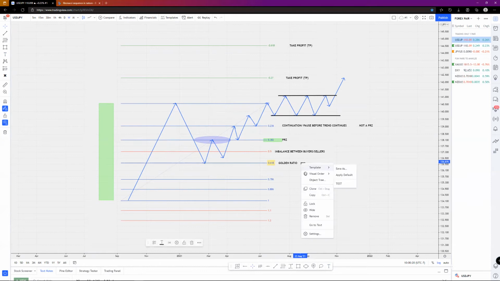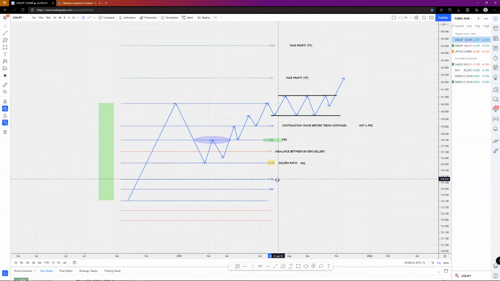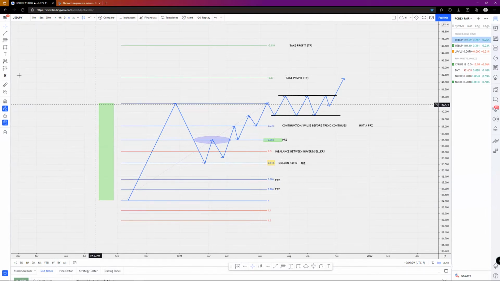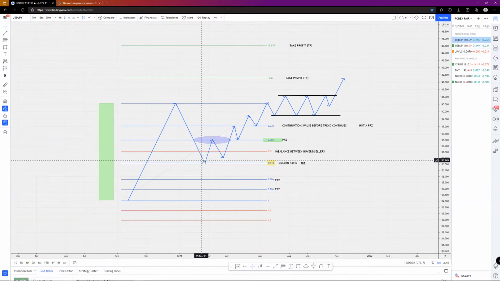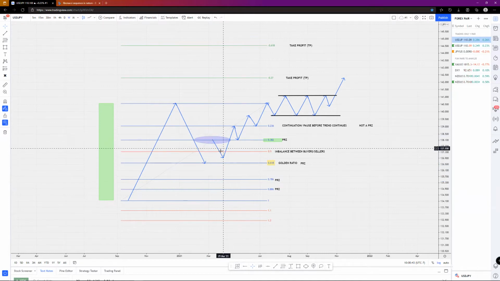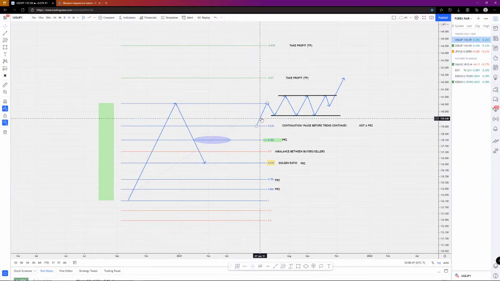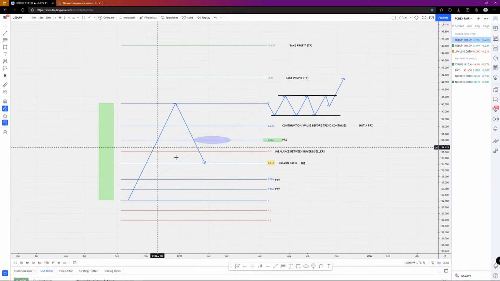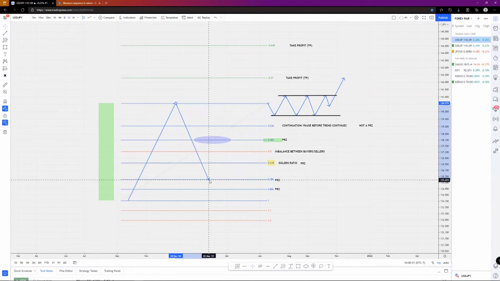$786 is a PRZ zone. And 886 is a PRZ zone. These are both the levels in which the market, and the 100% isn't really a PRZ zone, but oftentimes you can see the market extend to this area, right?